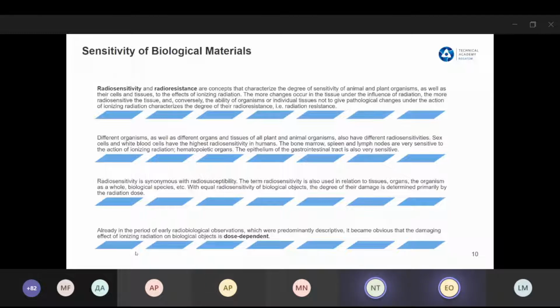The more changes occur in the tissue under the influence of radiation, the more radiosensitive the tissue, and conversely, the ability of an organism or individual tissues not to give pathological changes under the action of ionizing radiation characterizes the degree of their radioresistance.